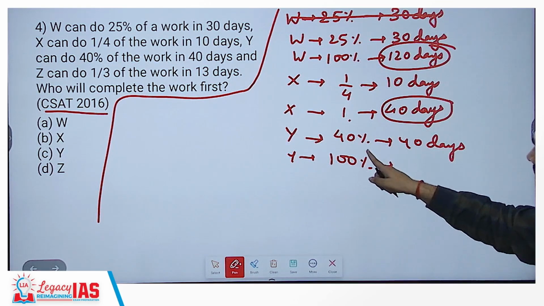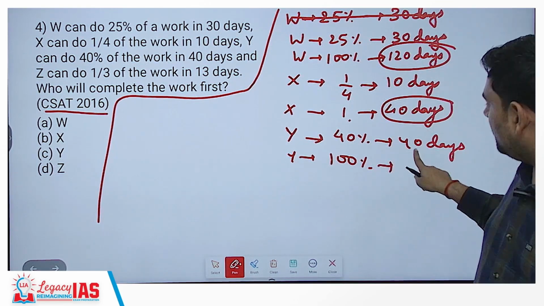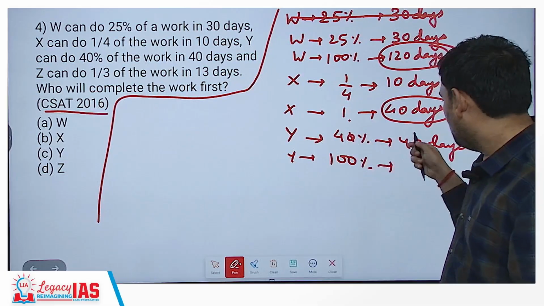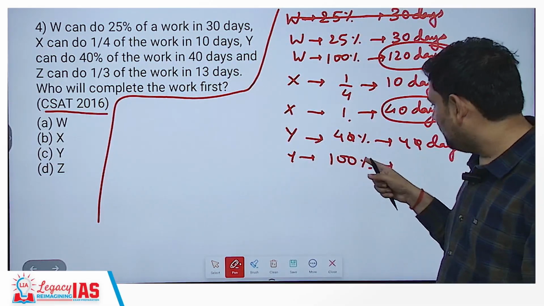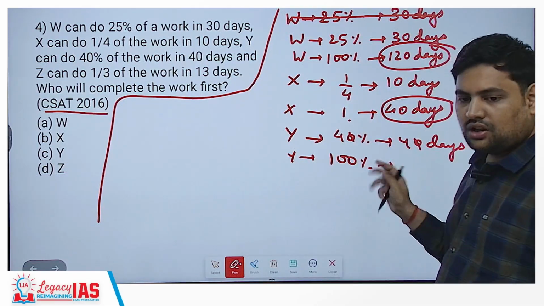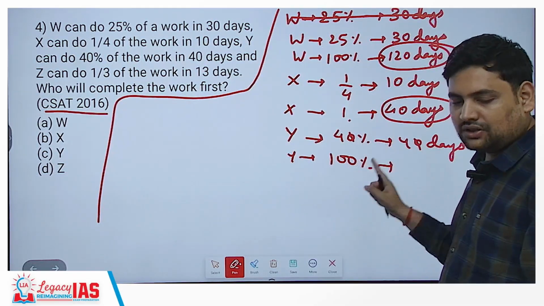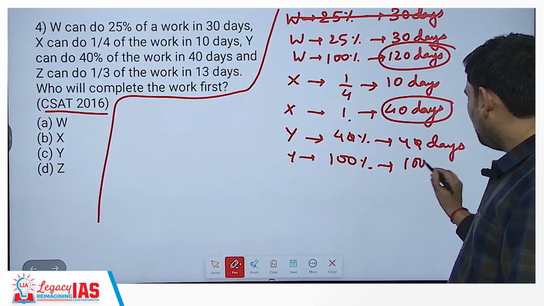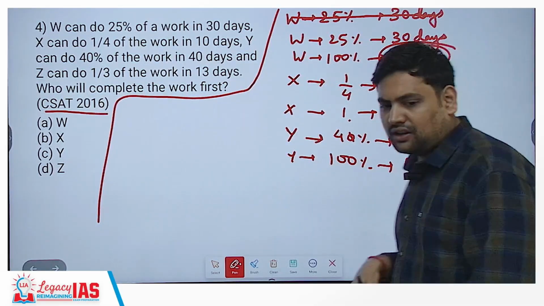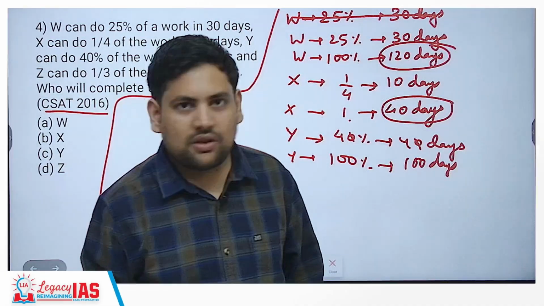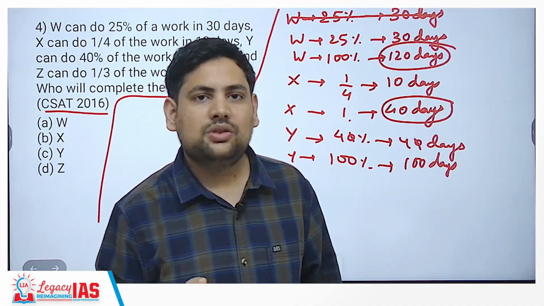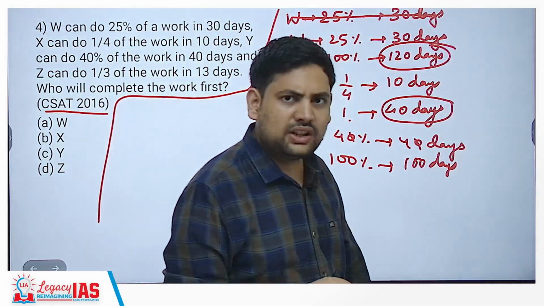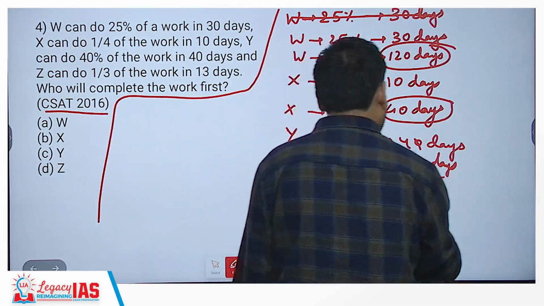If I cut 0 and 0, and 4 and 4 also, in one day it gets 1%, so in 100% it will take 100 days. Correct? 40% it does in 40 days, that means 1% each day. Now he has to do 100%, so he will take 100 days. So Y came out to be 100 days.